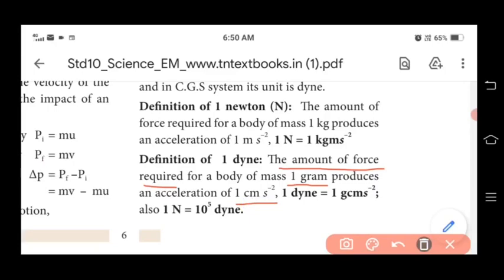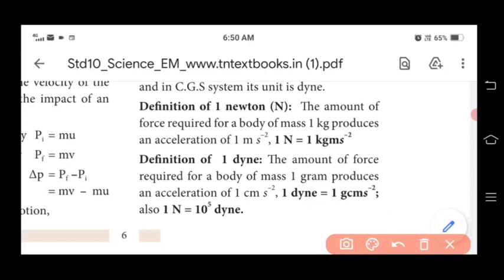And 1 dyne equals 1 gram centimeter per second square. So these two are units of force, Newton and dyne.